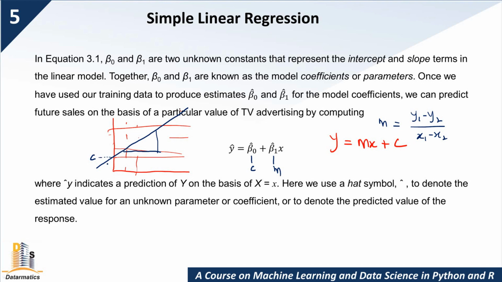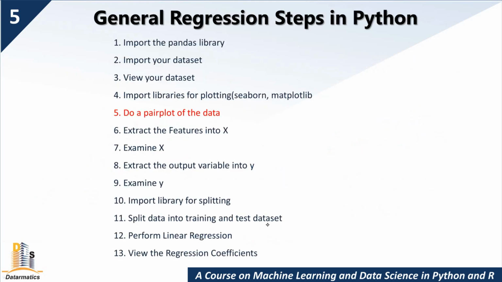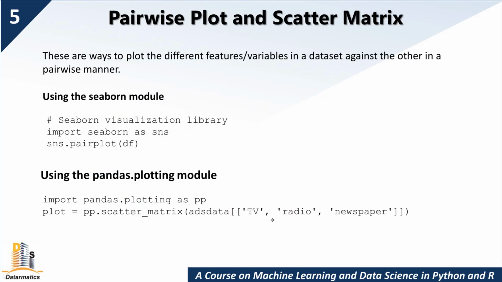Note that the intercept on the y-axis is the prediction of the value of y when x is 0. So basically, we are saying, assuming we don't spend anything on adverts, let's say, assuming we don't spend anything on TV.